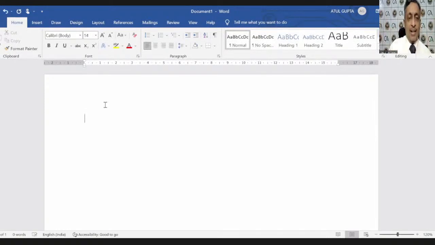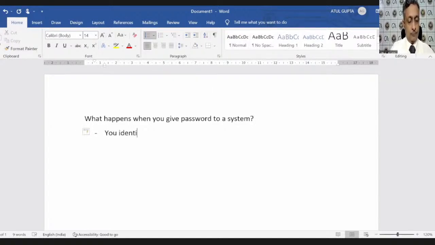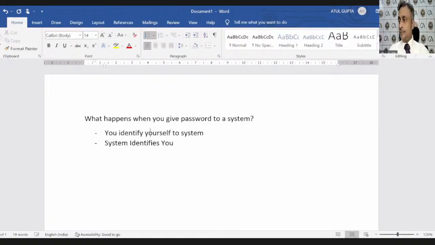We have talked about passwords. Option A: you identify yourself to the system. Option B: the system identifies you.